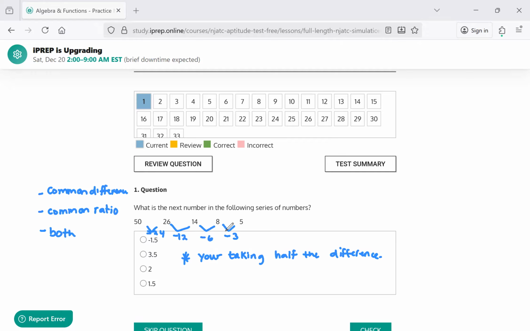So if you look at the last difference, we subtracted 3, and if you take half of that, you're going to have to do -1.5.